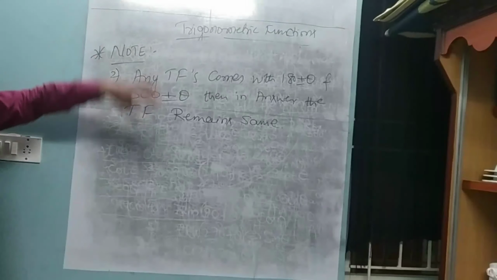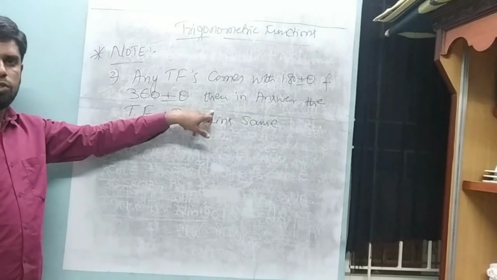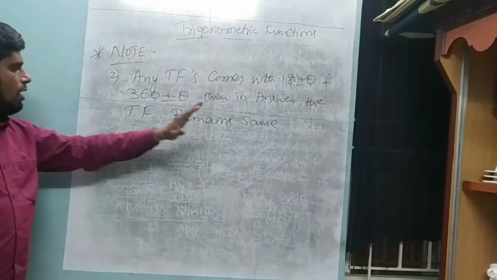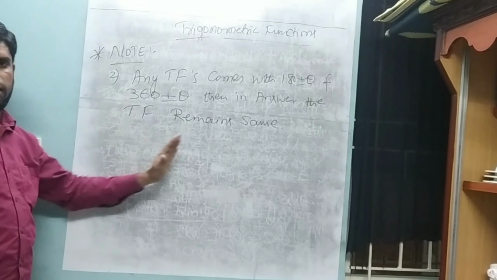This is very, very important. It means it will not change from ratio to co-ratio and co-ratio to ratio. If it is sine, it remains sine only in the answer. And if it is cos, it remains cos only.